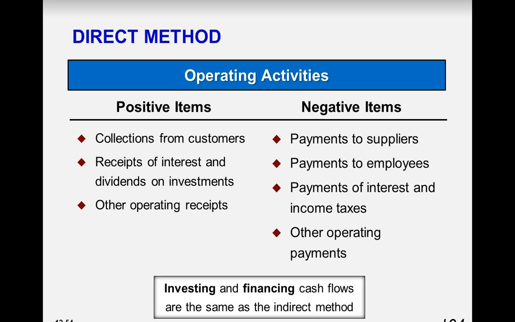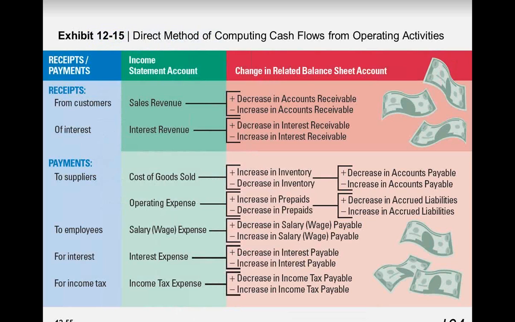And then here's one of your best friends to do a direct method of computing the operating. We're going to look at the sales revenue plus the decrease in accounts receivable or minus the increase in accounts receivable. That's how we get the collection of cash, or the receipts of cash from customers, just that simple formula.